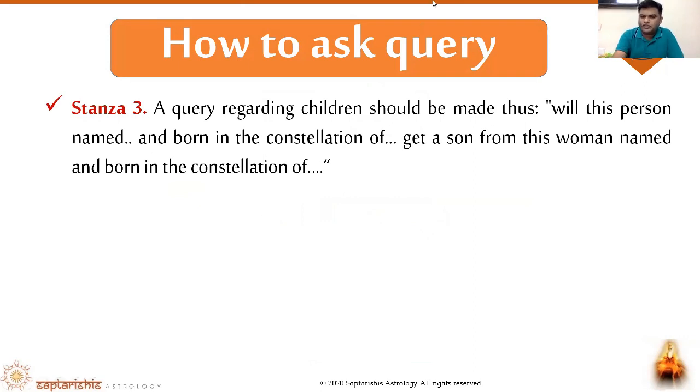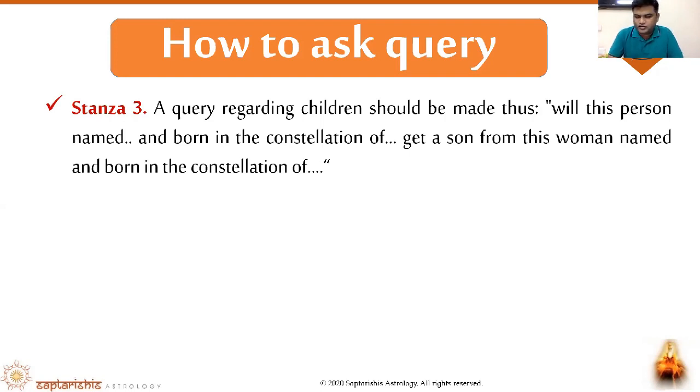Here also the author is giving some instruction on how to ask a query. A query regarding children should be made like: will this person, named so and so and born in this nakshatra, get a son from this woman named so and so and born in this constellation? It means that if you're asking a question, you should clearly frame the question.